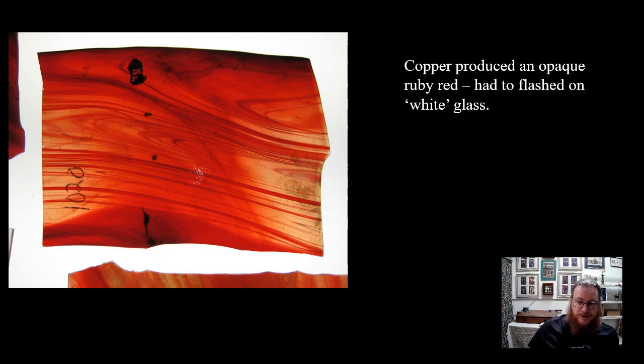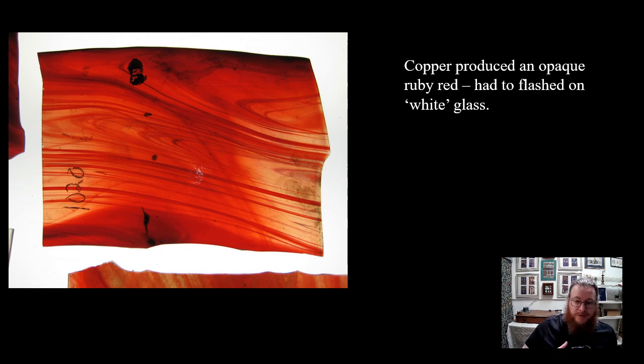Most red glass had to be produced in a rather different way. Red glass was produced by adding copper oxide to glass, but the glass it produced was completely opaque. So generally speaking, in the medieval period, molten red glass would be applied as a layer to an existing glass surface to give some translucency to the finished glass.